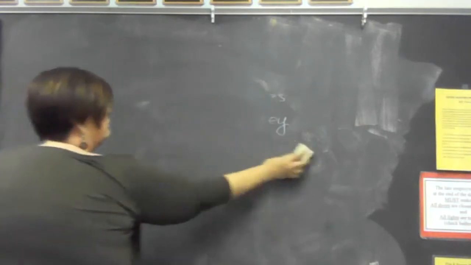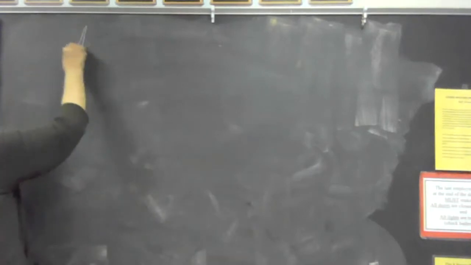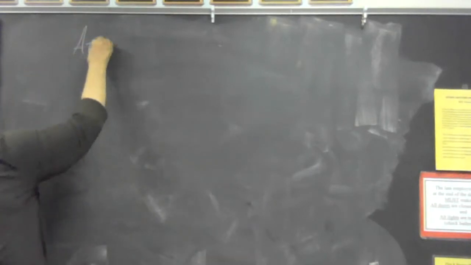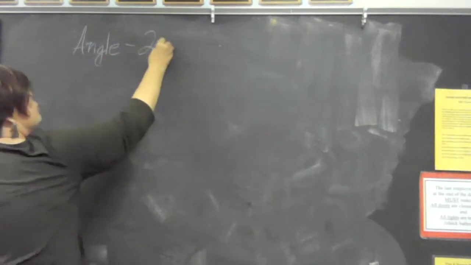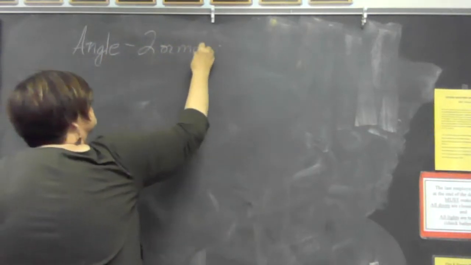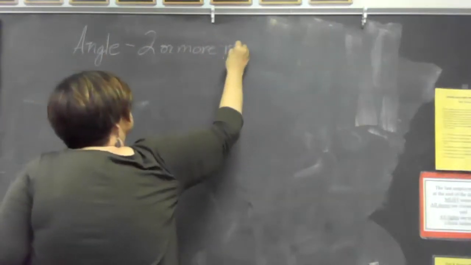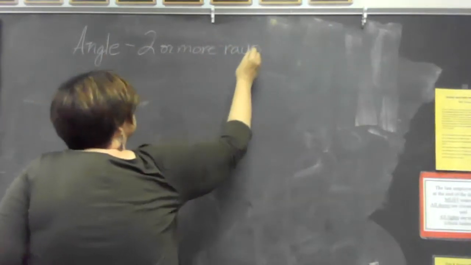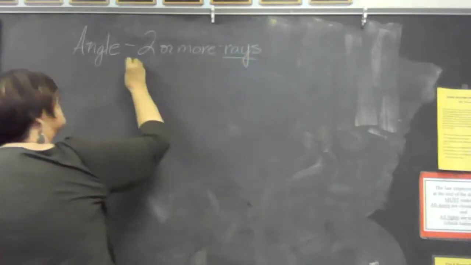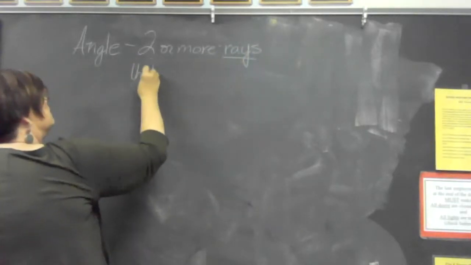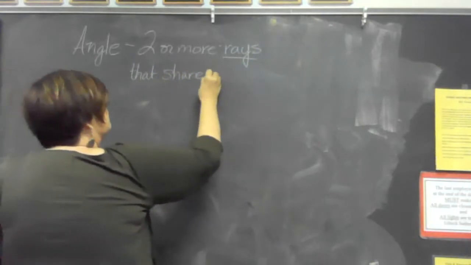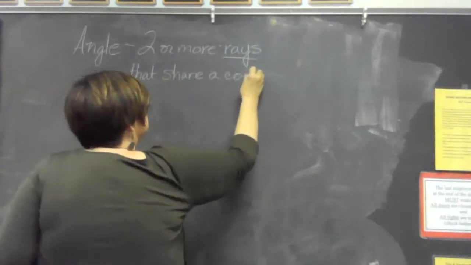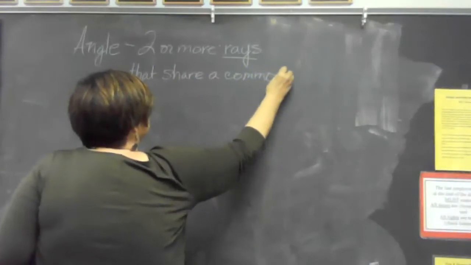Okay, the definition of an angle, this is your other handout. 2 or more rays, they may have it a little different wording, 2 or more rays that share a common point.